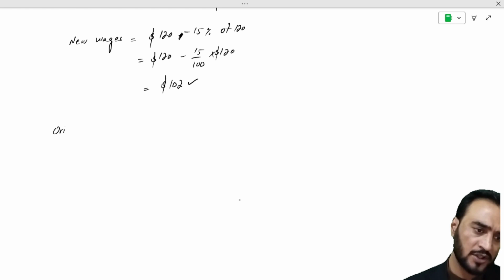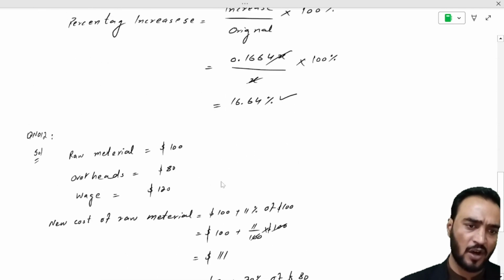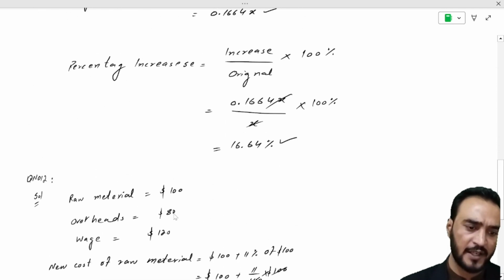Now let us calculate the production cost, original and new. The old production cost consists of $100 of raw material, $80 of overheads, and $120 of wages.